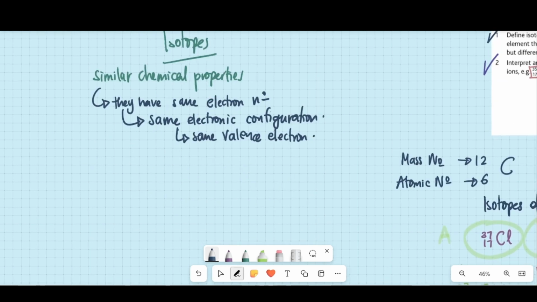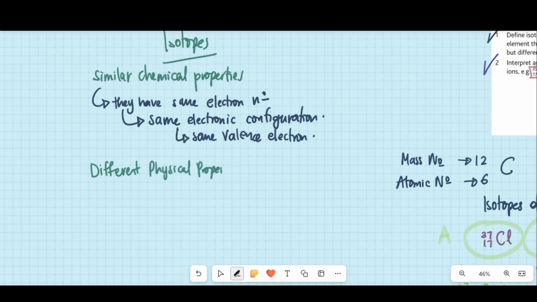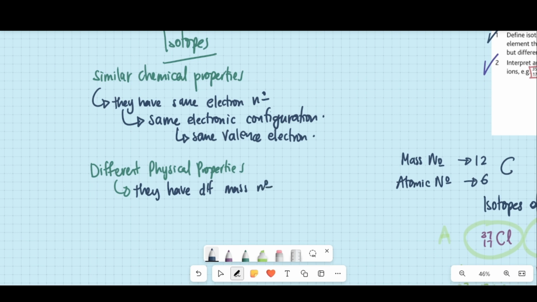However, they do have different physical properties. Why is this? Physical properties depend on the mass number, because they have a different neutron number, which also means they have a different mass number, like explained earlier.